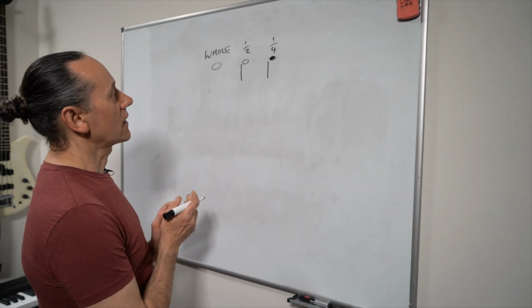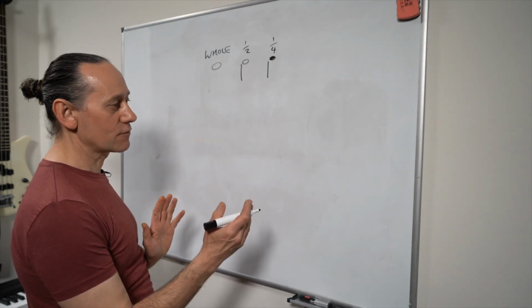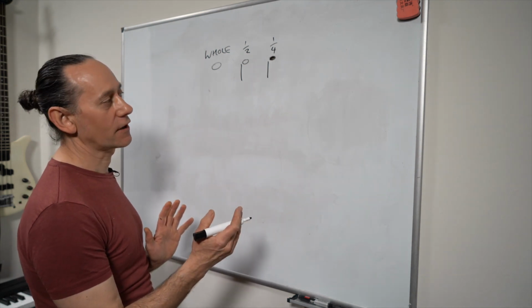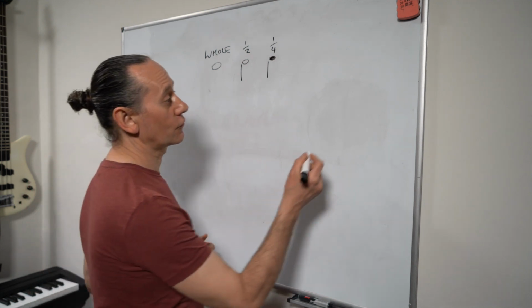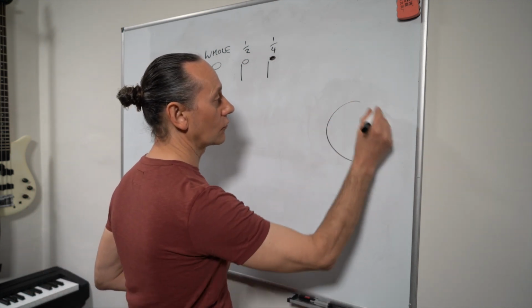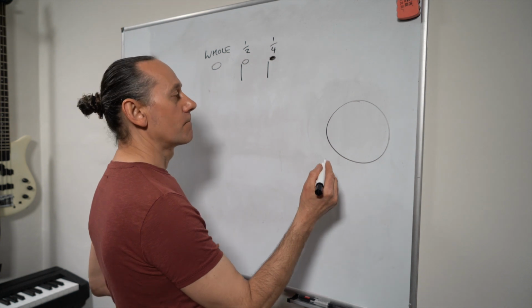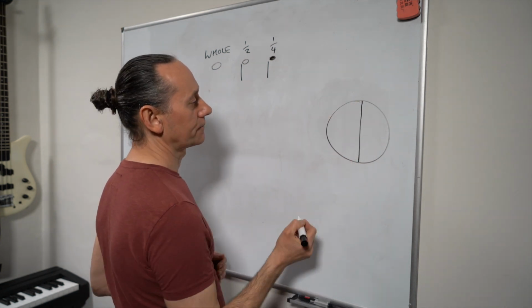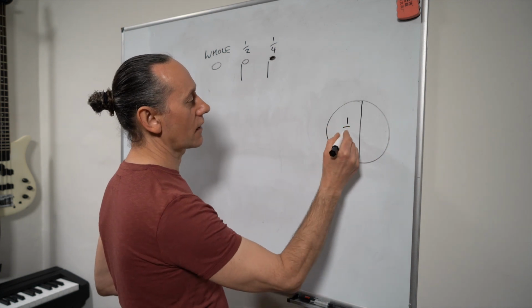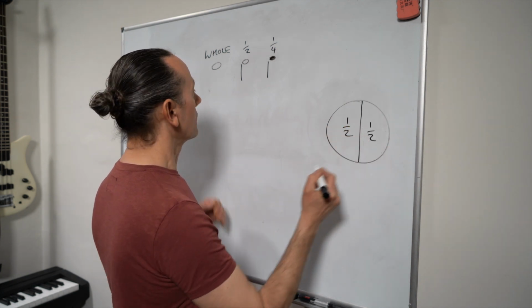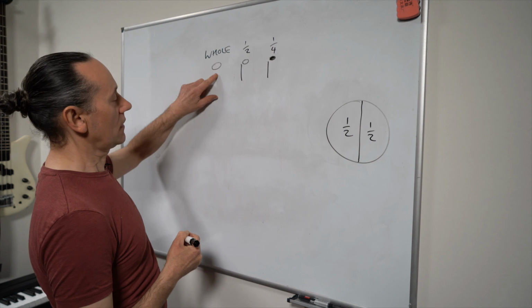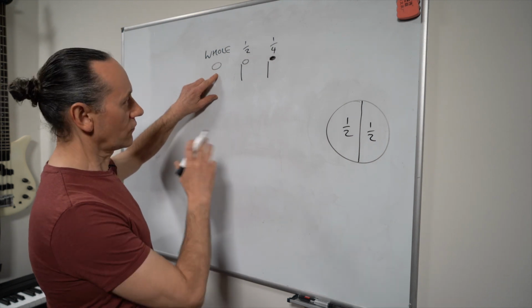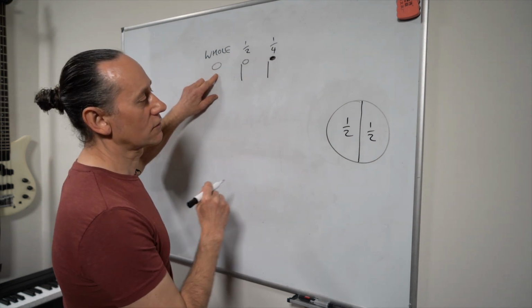Well, each of these has a very specific time duration, a time value. And if we think of the whole note as being a whole entity, let's say, and we divide that whole into 2 equal parts, well, we're going to have 2 halves. And 2 half notes add up to a whole. So there's a relationship there between those notes.